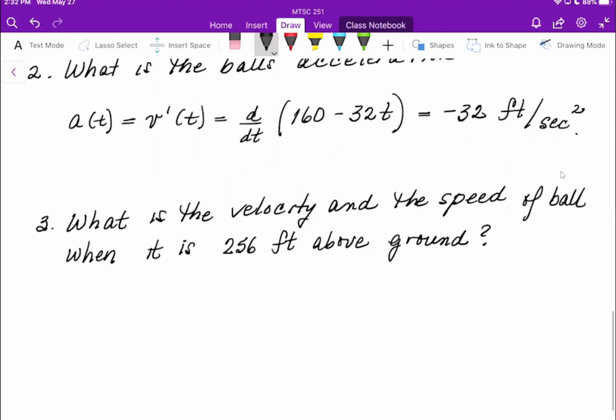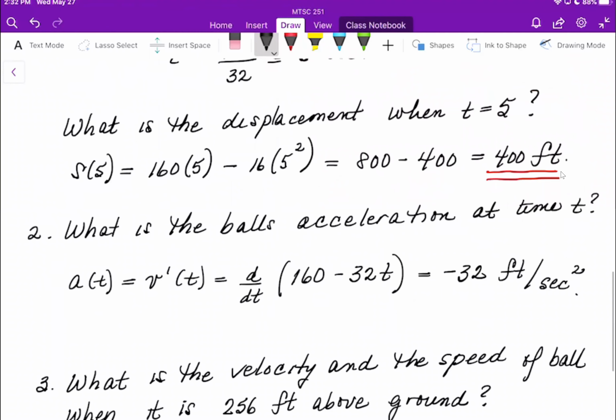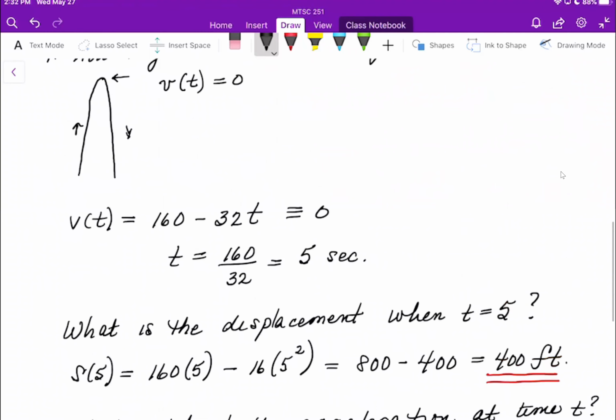If we go back to our picture, we're going to take this as the ground. At some point, we already know that this is 400 feet because that was how high it got. But at some point in here, the height is 256 feet. So we need to find out when that occurs.